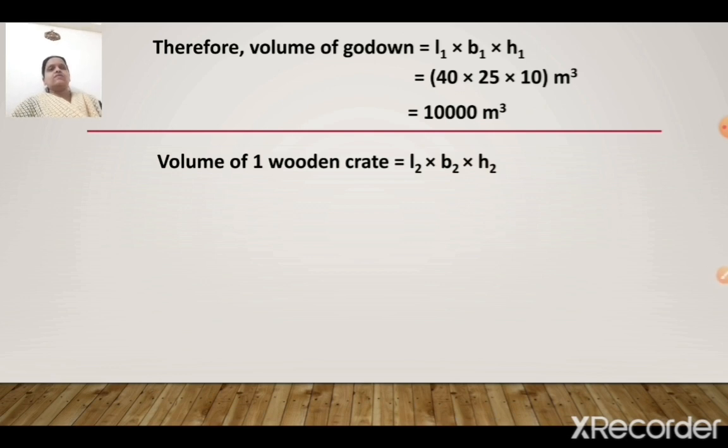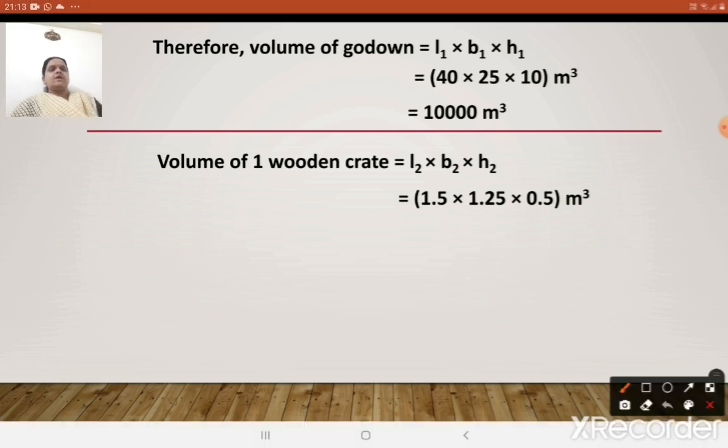Volume of one wooden crate. It is L2 into B2 into H2. Substitute the values: 1.5 into 1.25 into 0.5. Now just multiply here. 15 into 0.5. 15 fives are 75. So it will become 0.75 because of 2 decimal points.